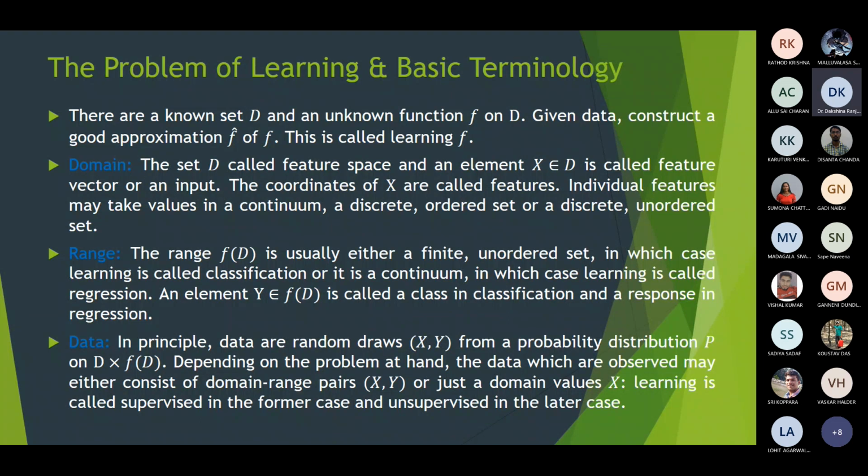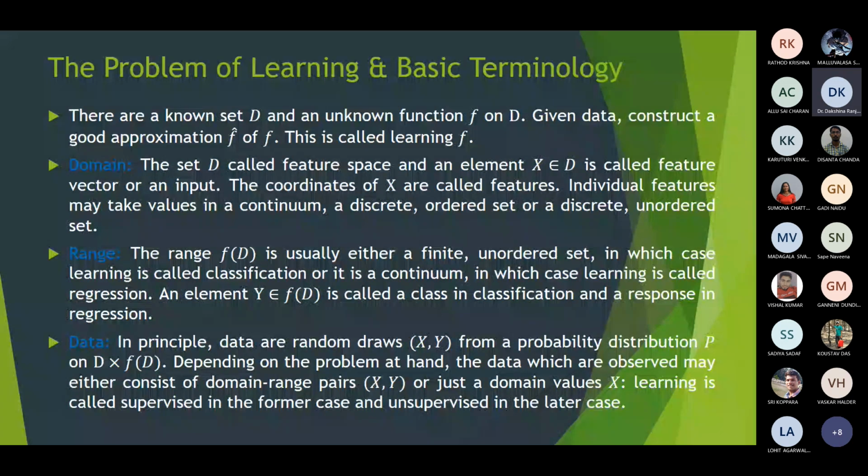So here Y denotes the class information or the label, and when Y belongs to this range, then this Y will be called the class in classification or response in regression.